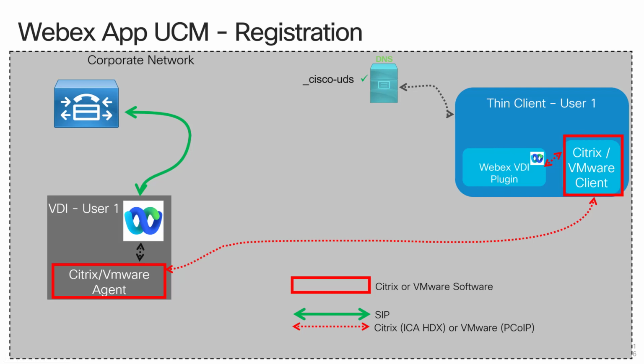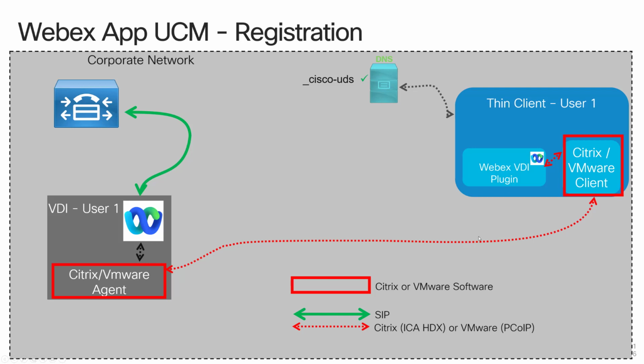Breaking this down in a bit more detail, let's consider again the scenario. A user comes into the office, they sit on their thin client, or perhaps they're working from home, they sit in front of their device and they launch a VPN. So the thin client is on the corporate network in this scenario. The user launches their VDI client, be it Citrix Workspace or whatever else it may be.